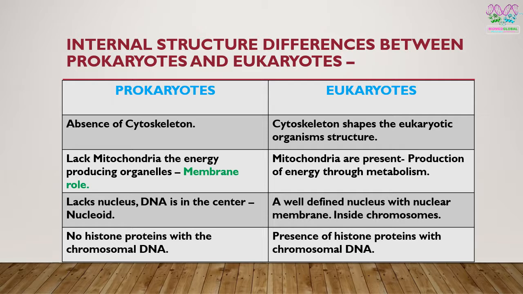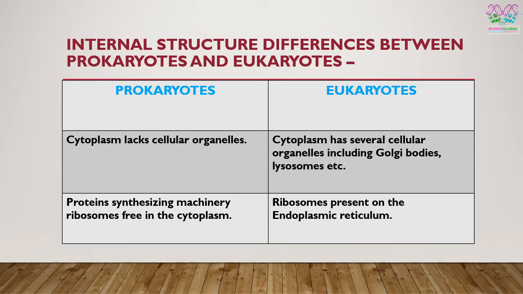In a prokaryotic cell, there are no histone proteins with the chromosomal DNA, whereas the eukaryotic cell has this specific feature. There is the presence of histone protein with the chromosomal DNA. Furthermore, in prokaryotic cells, the cytoplasm lacks cellular organelles.